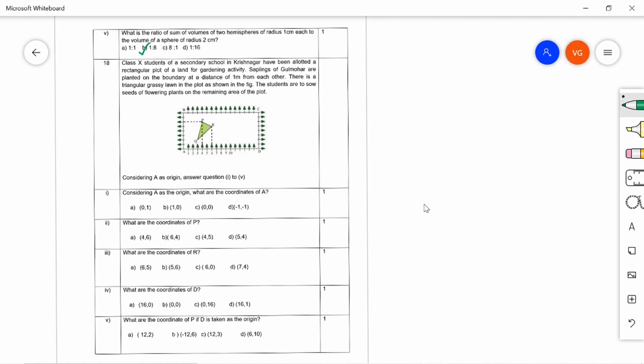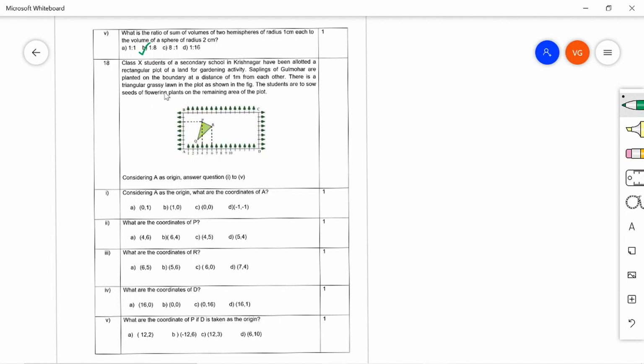Question number 18. The next case study here is: Class X students of a secondary school in Krishnanagar have been allotted a rectangular plot of land for gardening activity. Saplings of gulmohar are planted on the boundary at equal distances of 1 meter from each other.